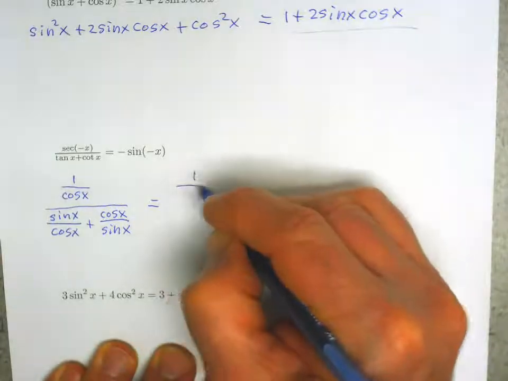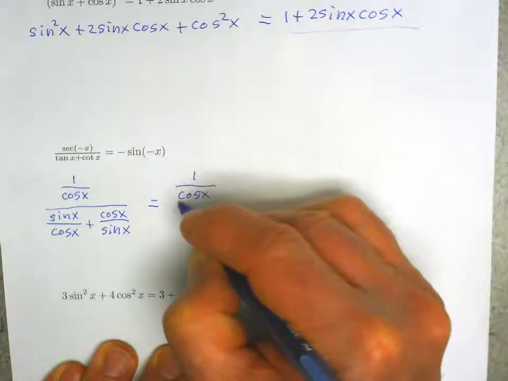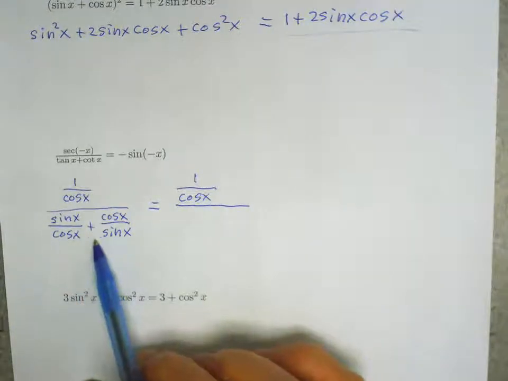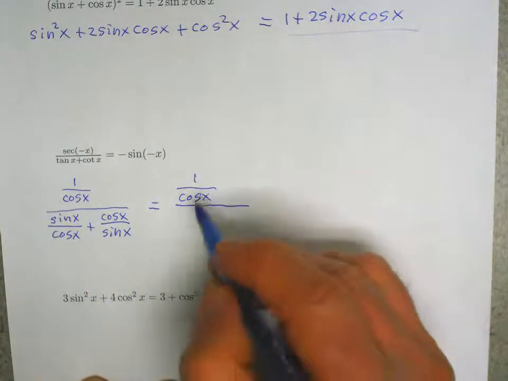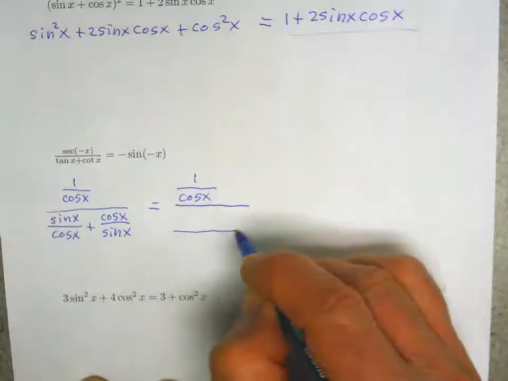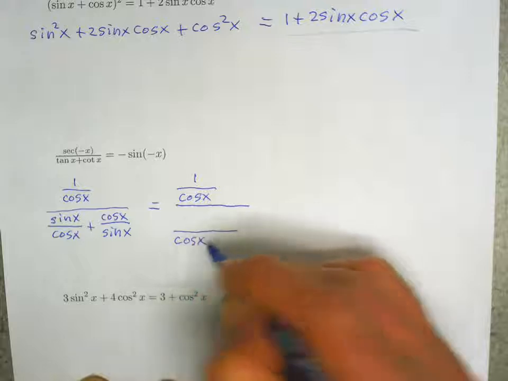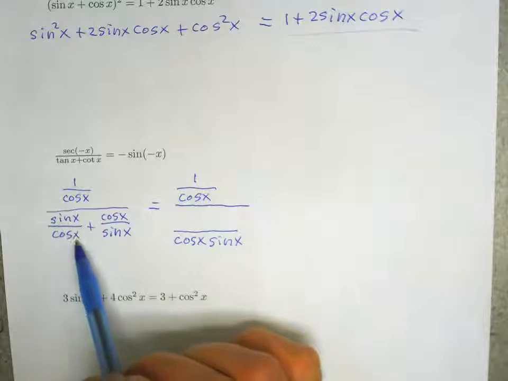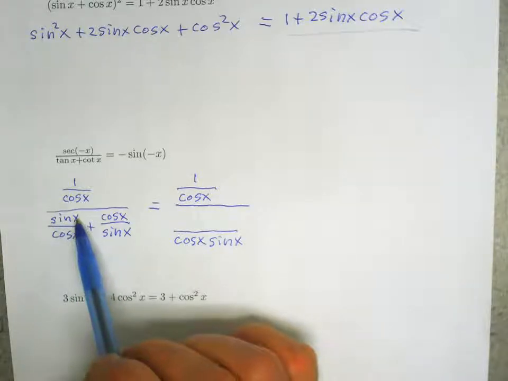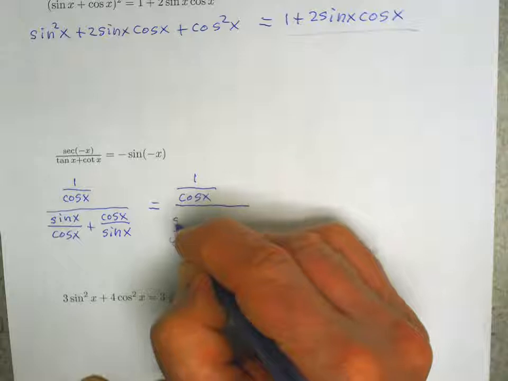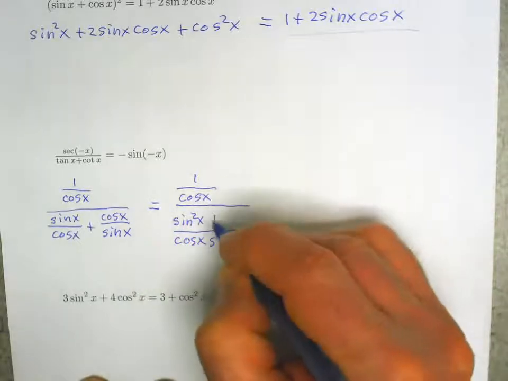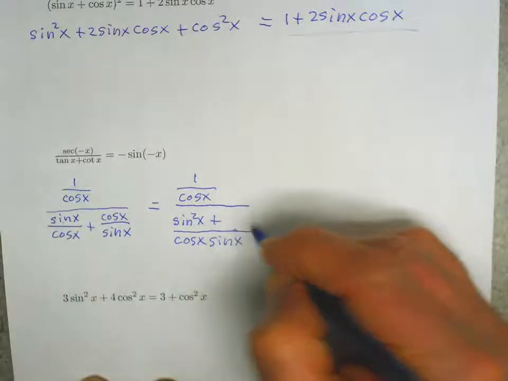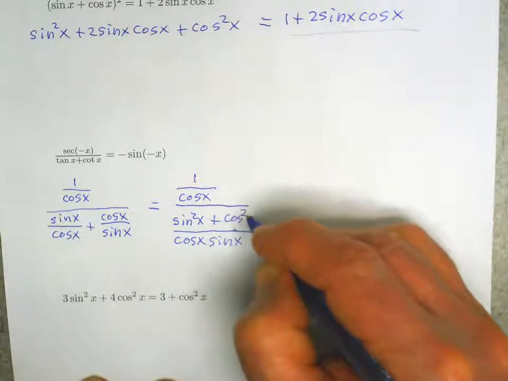And then 1 over cosine of x. Down here, we want a common denominator. So the common denominator will be cosine of x times sine of x. And so in the process, we have to multiply sine of x by sine of x, so we get sine of x squared. And we have to multiply cosine of x by cosine of x, so we get cosine of x squared.